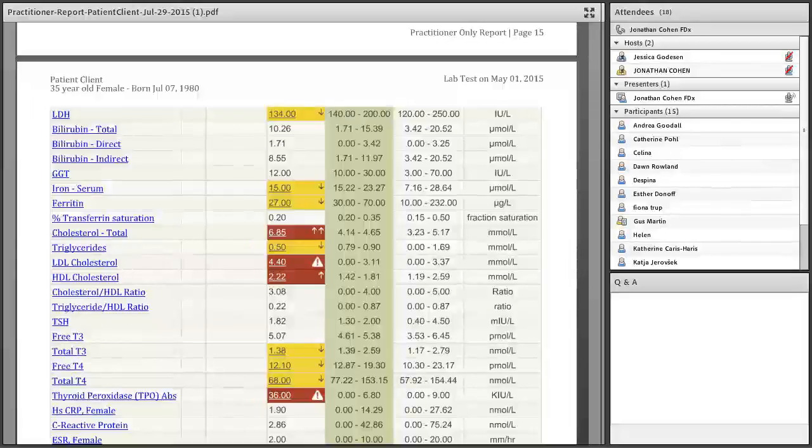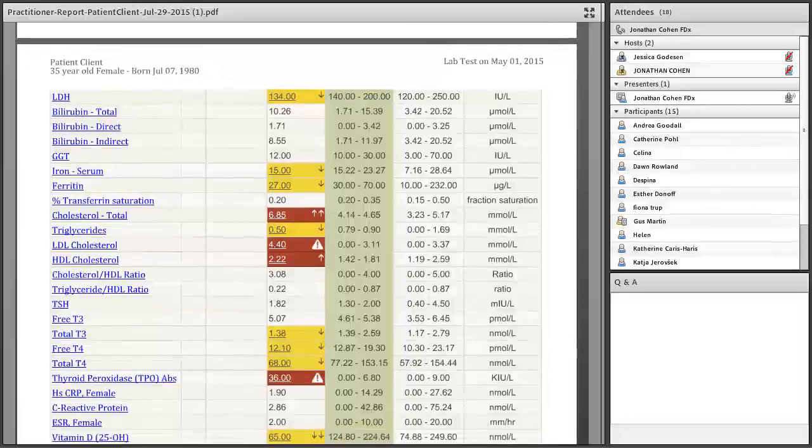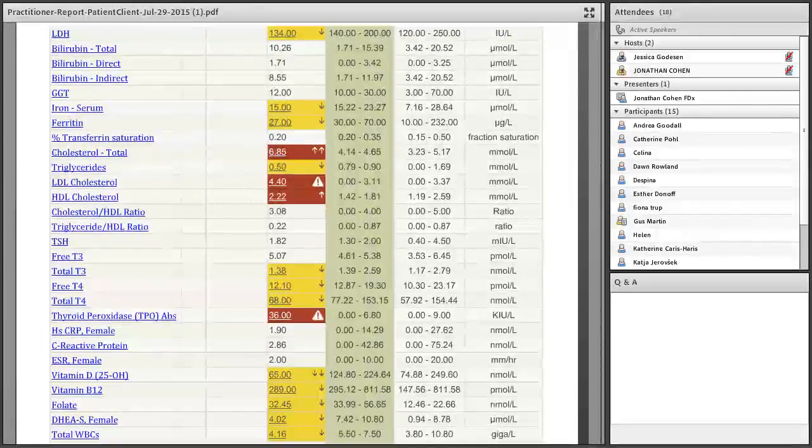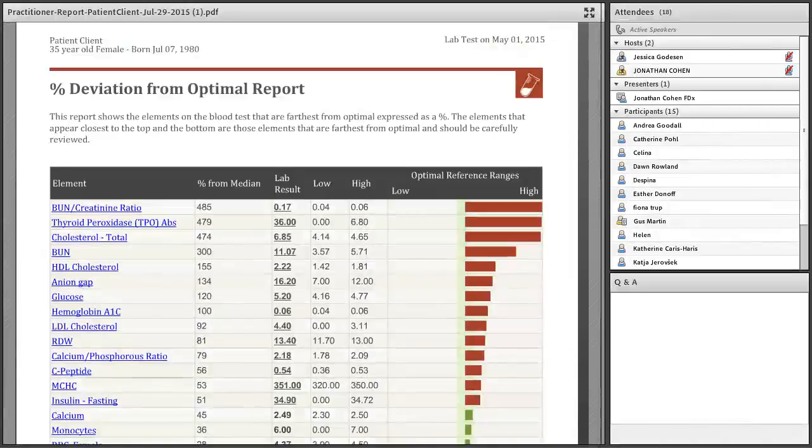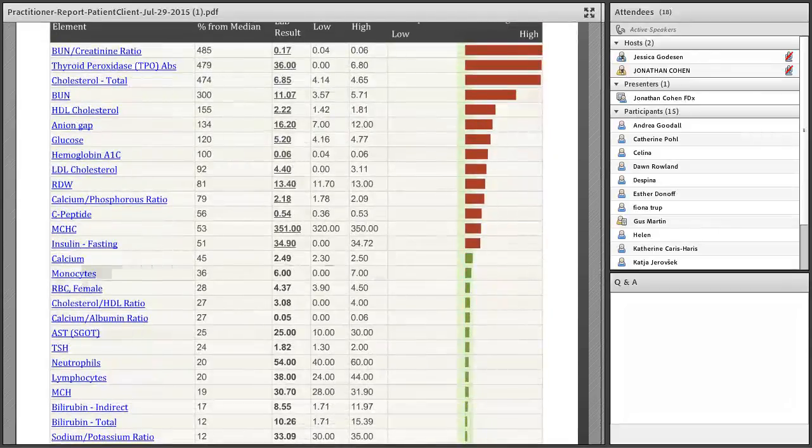In fact, because the triglycerides are low, it's already starting to hint to me from other patterns I've seen that maybe I want to be looking out for an autoimmune function or dysfunction. And then percentage deviation from the optimum.